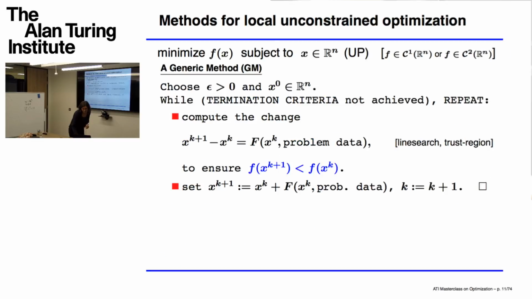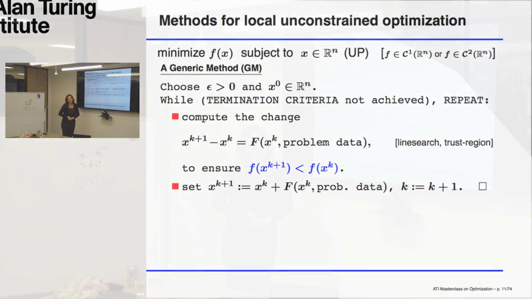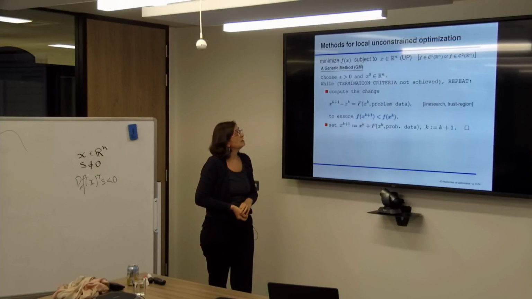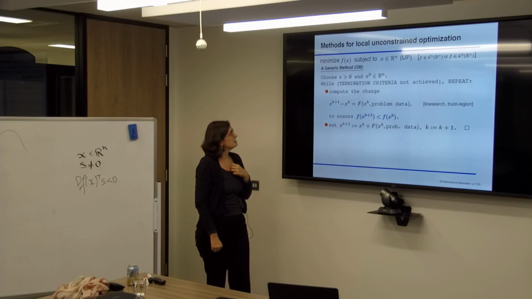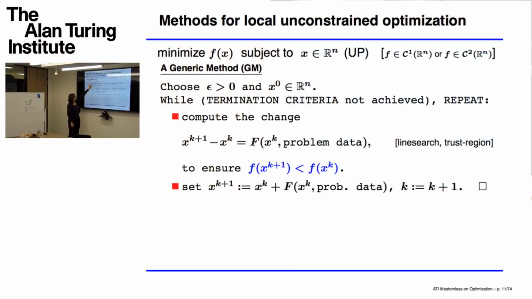Right. Okay, so what do methods for this kind of problem look like? I will talk for the next few slides about unconstrained problems. So I minimize a function without any restrictions, and in my algorithm, I'm going to choose a generic accuracy to which I want to solve my problem, and an arbitrary starting point.